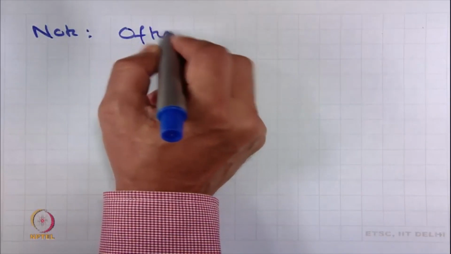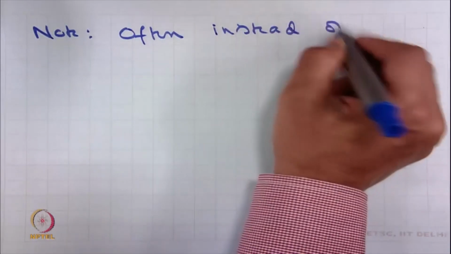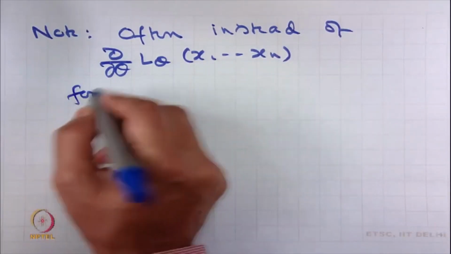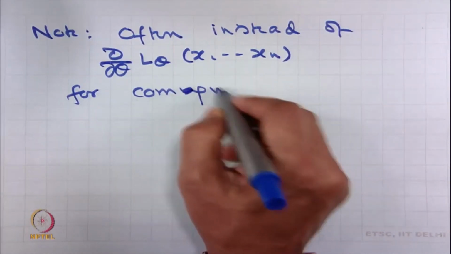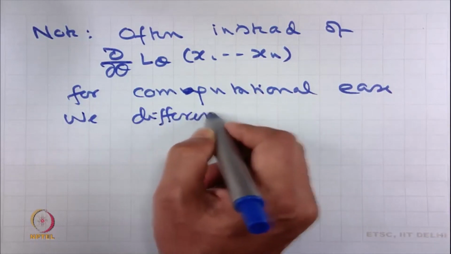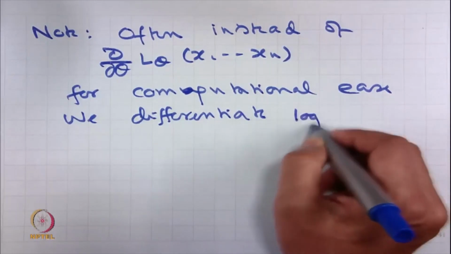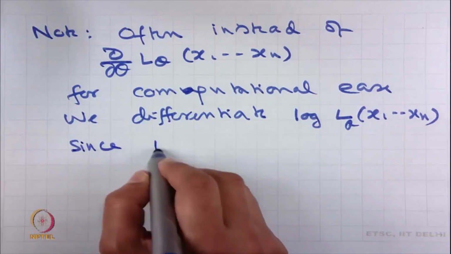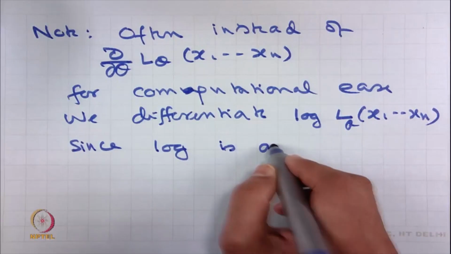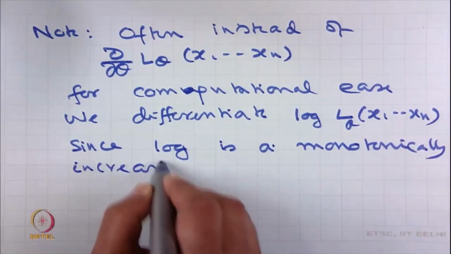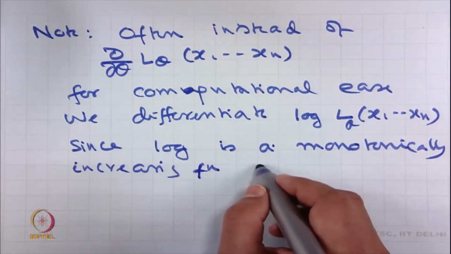Note, often instead of del theta of L theta of x1, x2, xn, for computational ease we differentiate log of L theta of x1, x2, xn, and since log is an increasing function, the result is not altered.